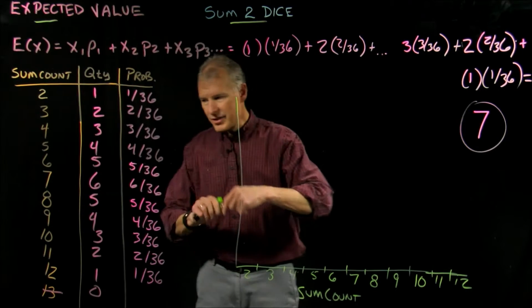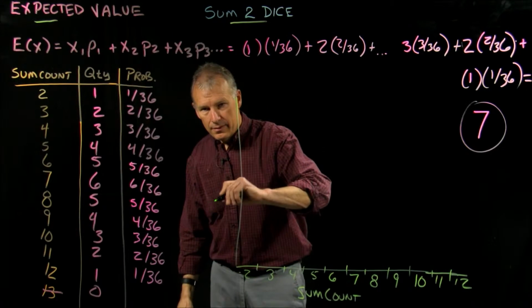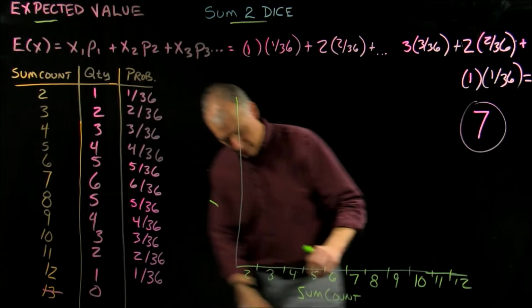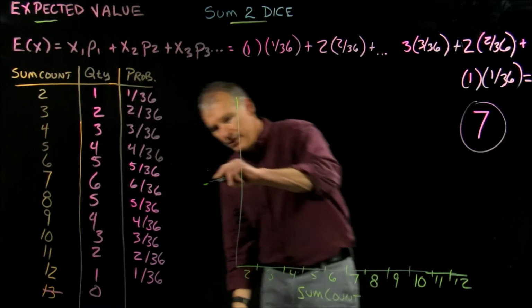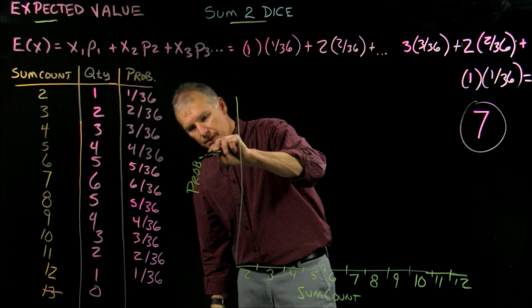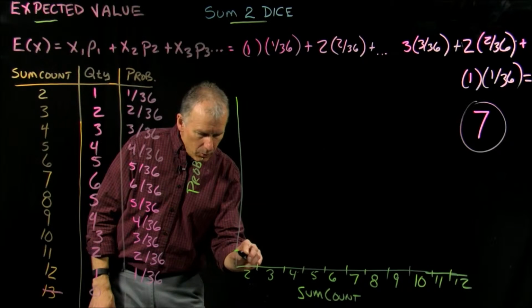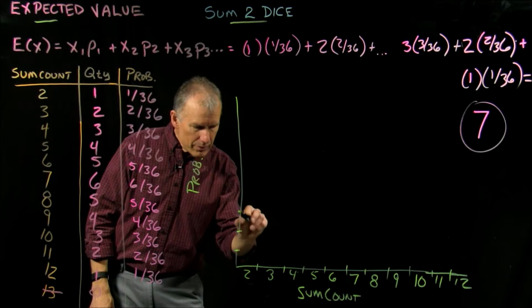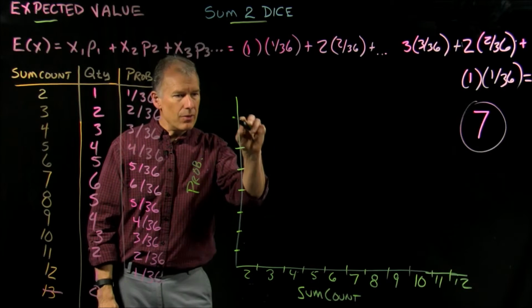Then on this axis, we will have the probability. Right here, we're going to put all the probabilities. So you can see we would start off at 1, 2, 3, 4, 5, 6.